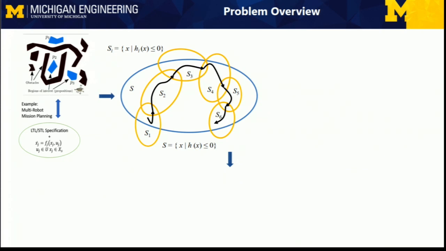So you can have representations of these missions through this type of specifications, and at the end, you end up having problems of safety, in the sense of system trajectories always staying within, let's say, a safe set S, and maybe reachability of eventually trajectory starting from a set S1 would have to converge to set S2, and from there to a set S3, and so on.